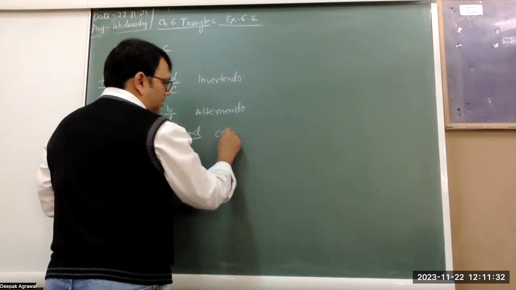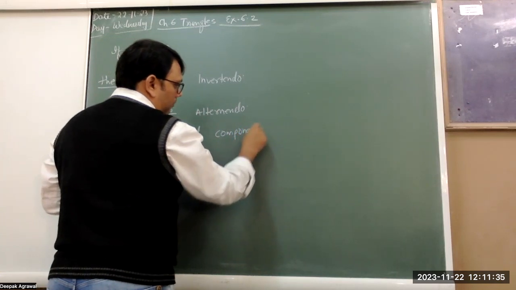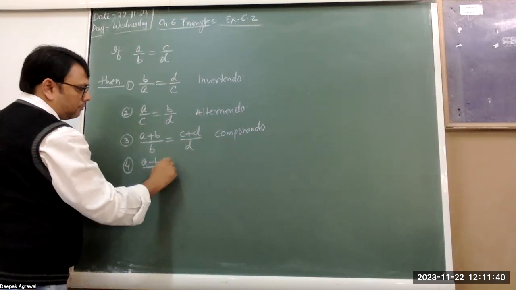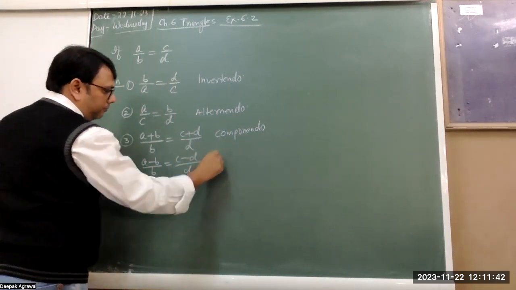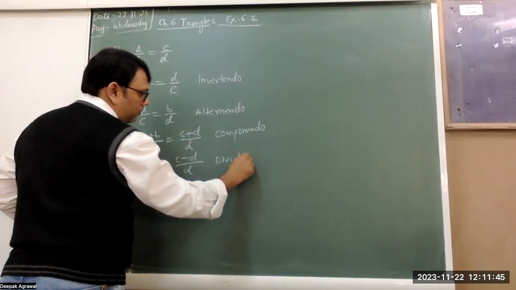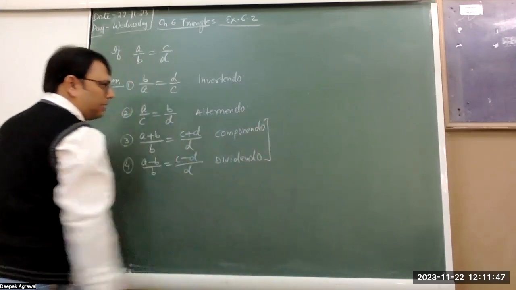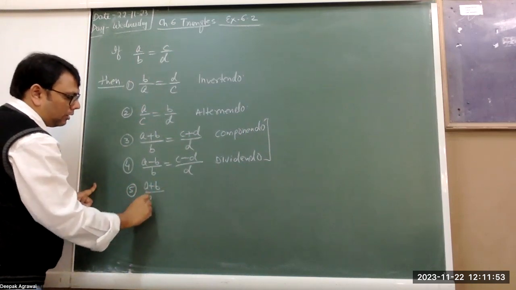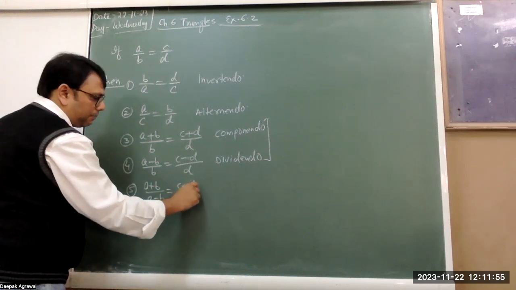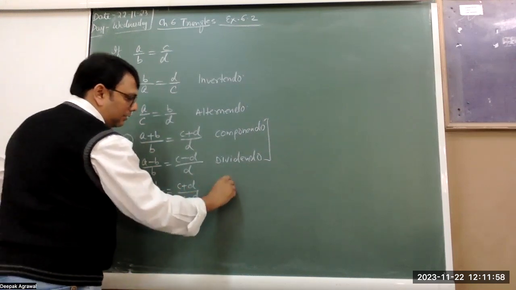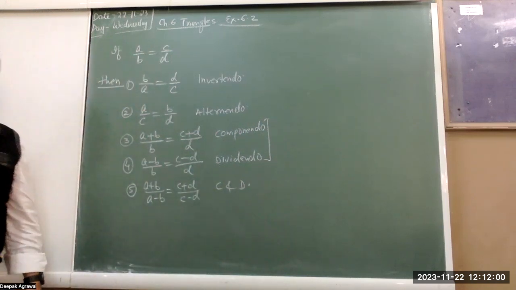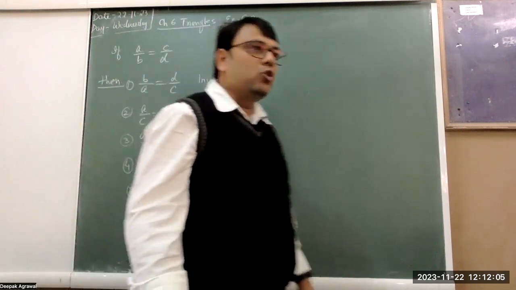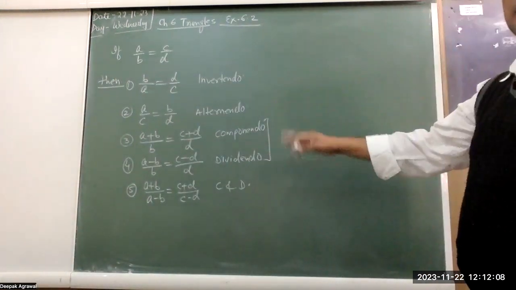This process is called componendo. And if I subtract one both sides, the same thing will become, this is called dividendo. और अगर इन दोनों को आपस में डिवाइड कर दिया जाए, then I get A plus B upon A minus B, C plus D upon C minus D. This is called componendo and dividendo. तो ये कुछ प्रोसेसेस हैं जो रेशियोज पर काम करते हैं, and we are going to use them in the next question.